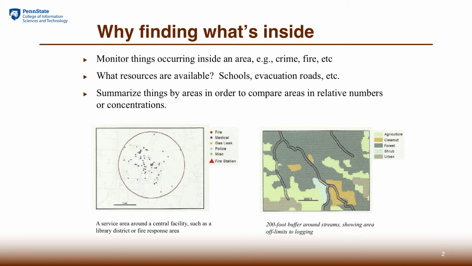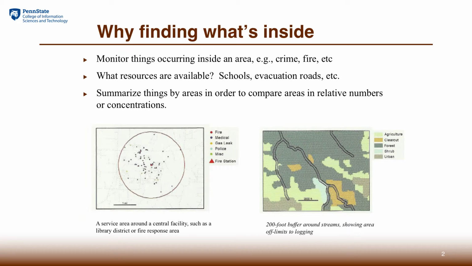There's many reasons we want to find out what is inside an area or region. In one case, we may want to monitor what things are going on, like a crime, like a fire, and those we call events. Anything that is an event of interest to you, you may be concerned if something happened in the area of your interest.